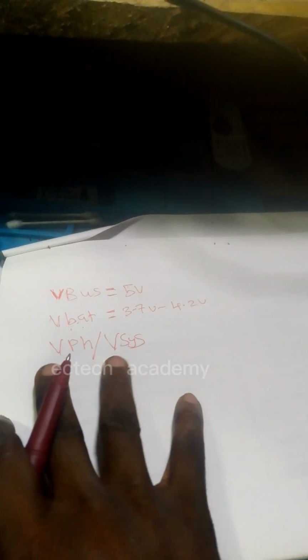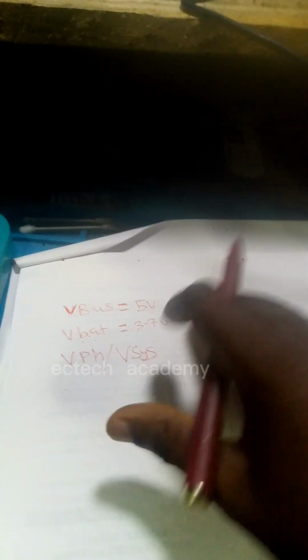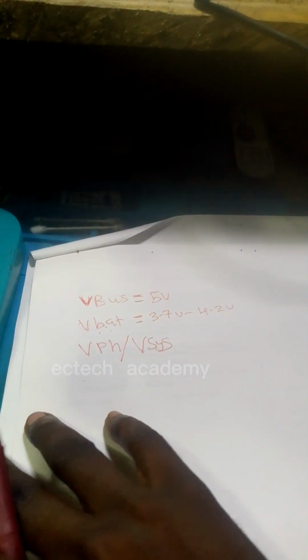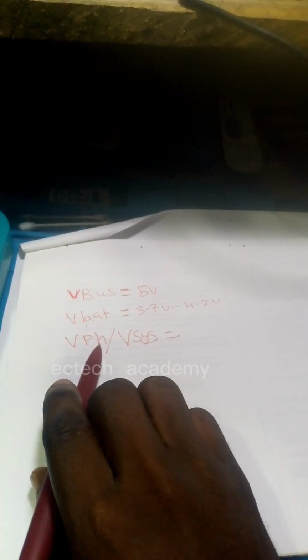And when we are talking about VPH or V system, the charging IC gives out this voltage also, especially in the latest mobile phones. So any charging IC that gives out a VPH or V system, just know that if you remove such a charging IC, the phone will not power on.